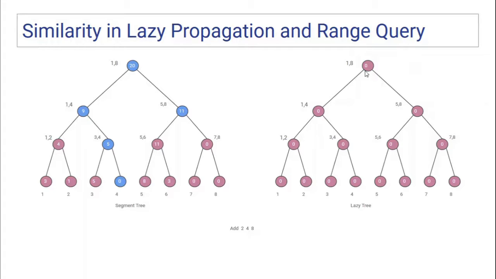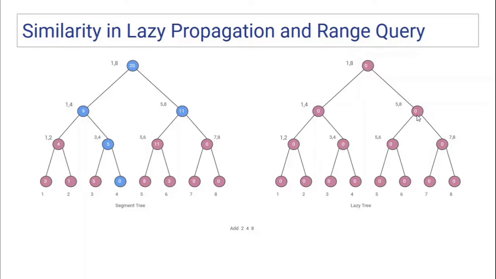So if the value of, say, this node is 2, that means in the range 5 to 8, because this node represents the sum from index 5 to 8 in the segment tree, right? If in your diary for this node you have, instead of 0, say 2, that means in the range 5 to 8 you have a pending update.